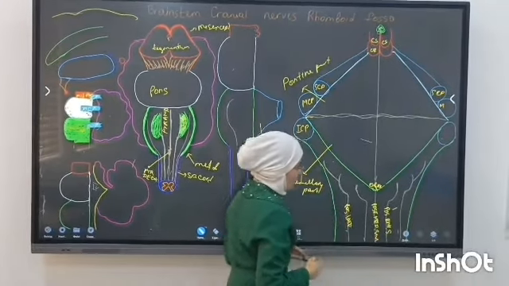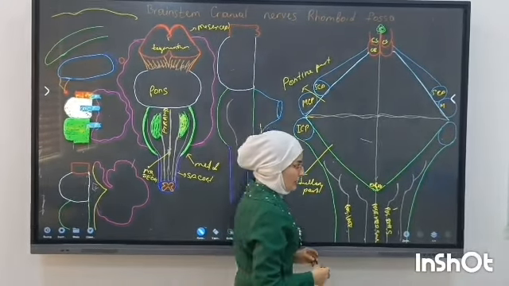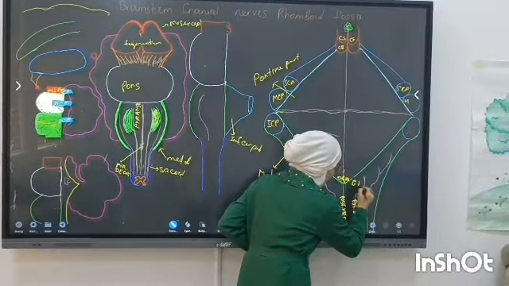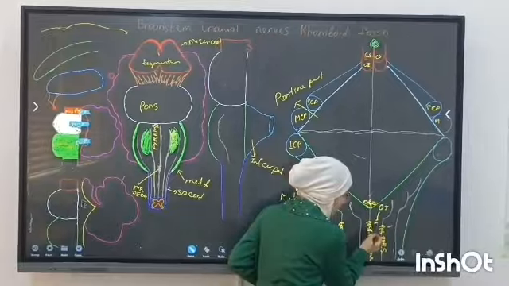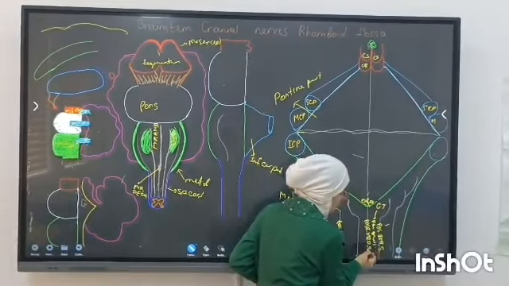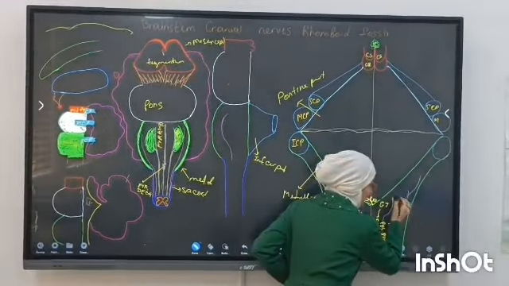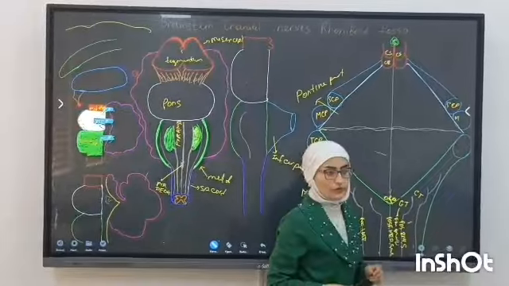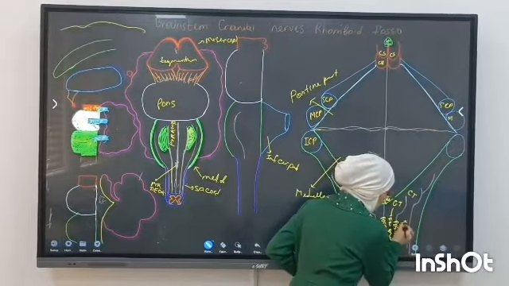The dorsal surface of the medulla oblongata has tubercles. This is the gracile tubercle, which is connected to the fasciculus gracilis. And this is the cuneate tubercle, which continues to the fasciculus cuneatus.